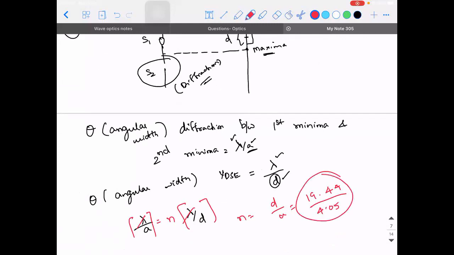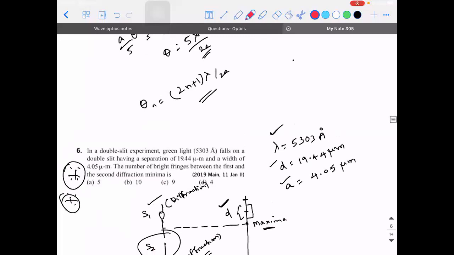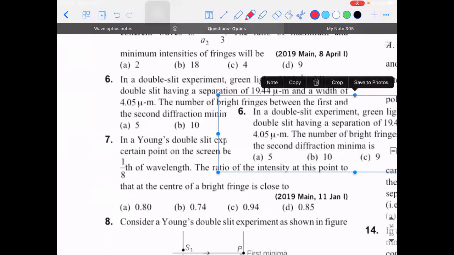If you divide both, the answer should be somewhat close to 5. So this is a very, very good problem. If possible, try to solve similar kinds of problems from the book which I gave you. Okay. Next.